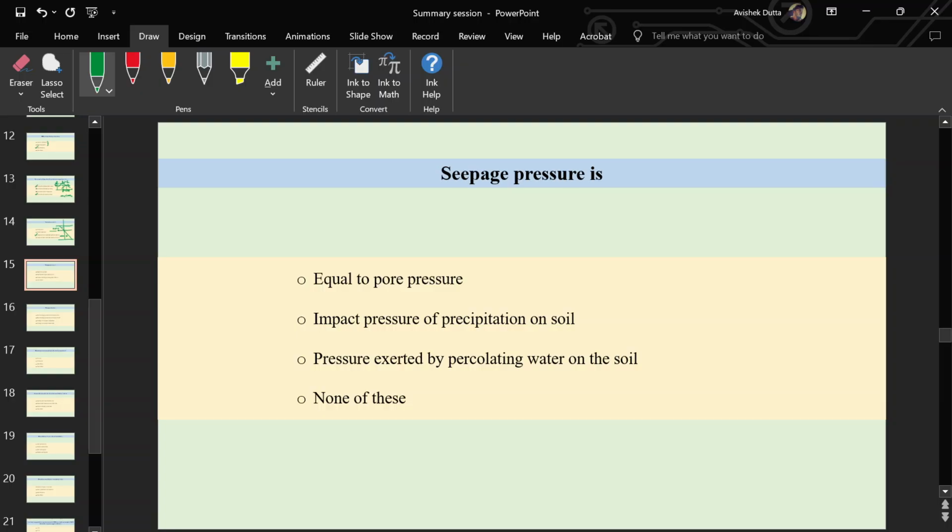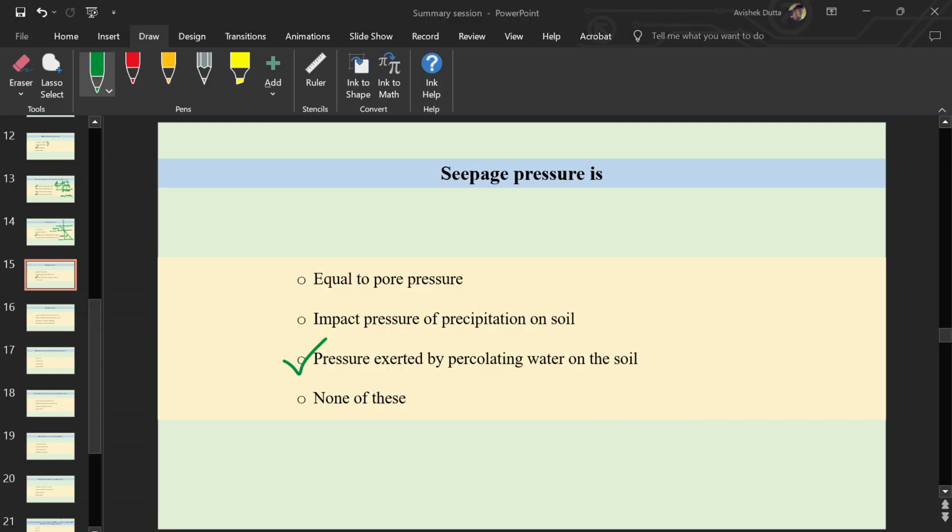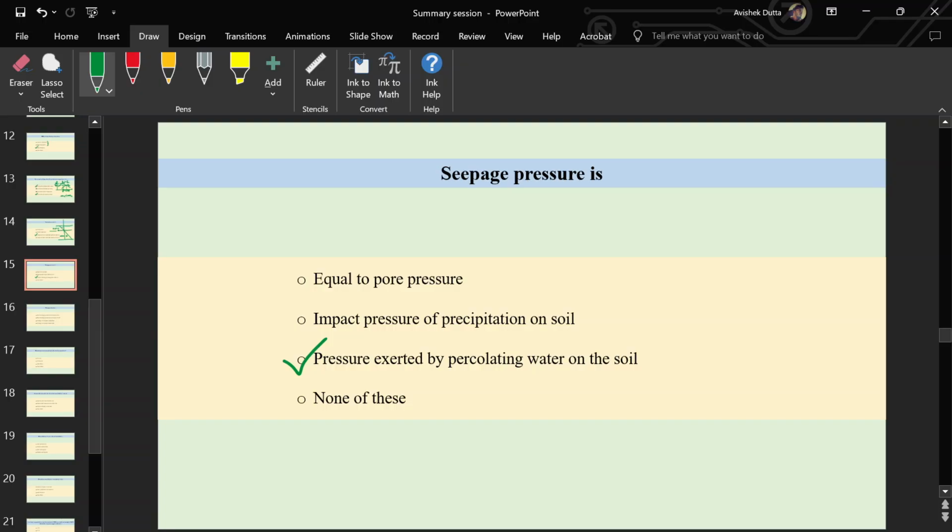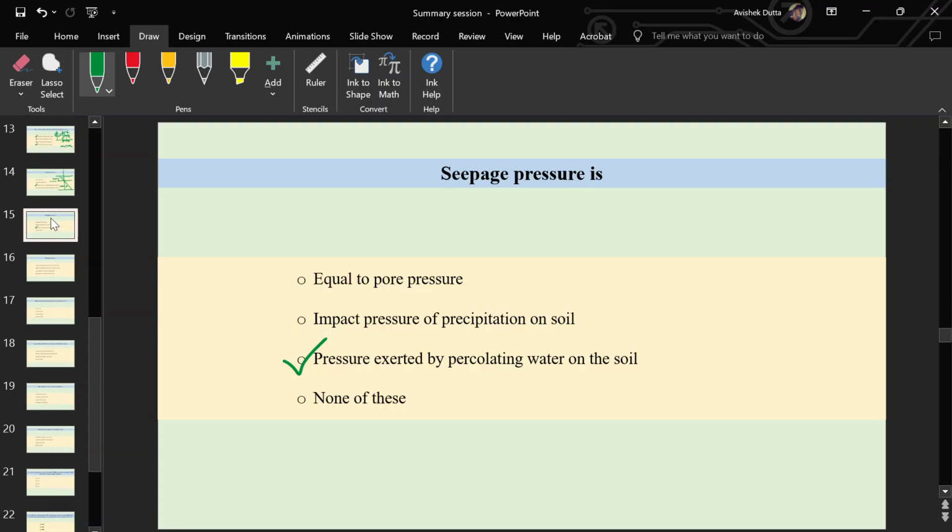It is the pressure exerted by the percolating water on the soil. So seepage pressure is option 3, pressure exerted by percolating water on the soil. I hope it is clear. Next question.